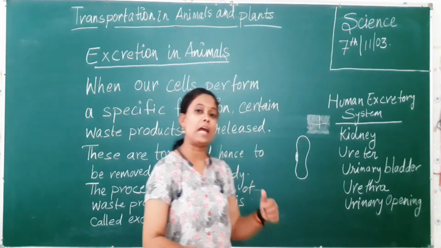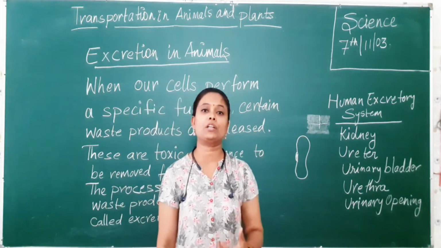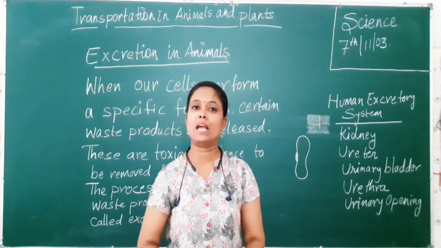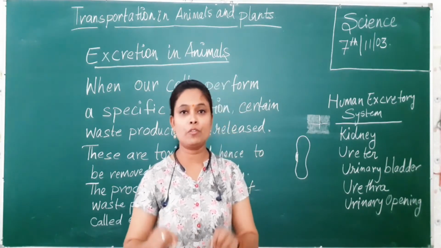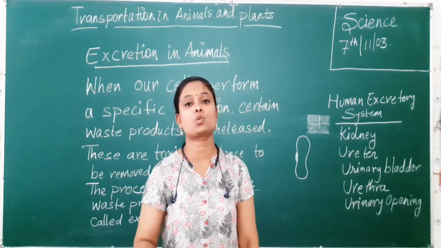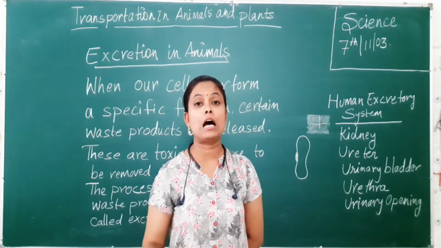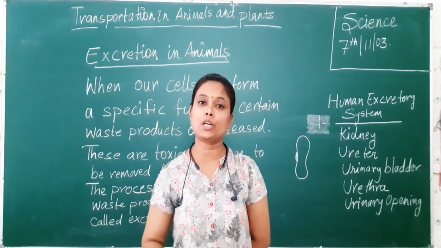The same thing happens inside the body. As the waste material, the toxin, doesn't get out of the body, it remains in. So it is going to damage that cell as well as other cells of the body. Why? Because all the cells are interconnected to each other.